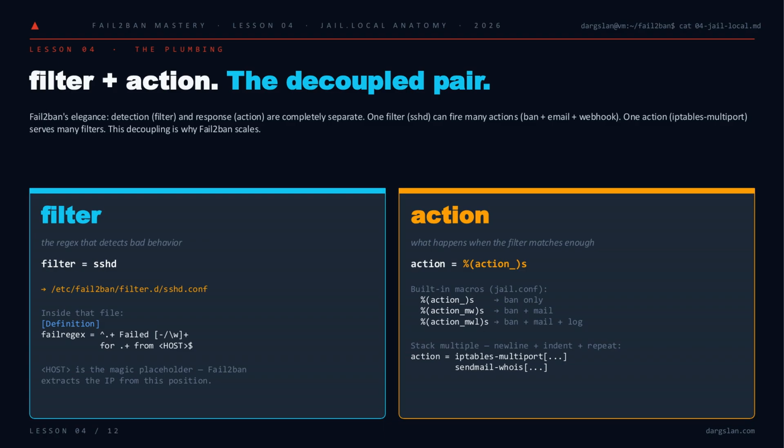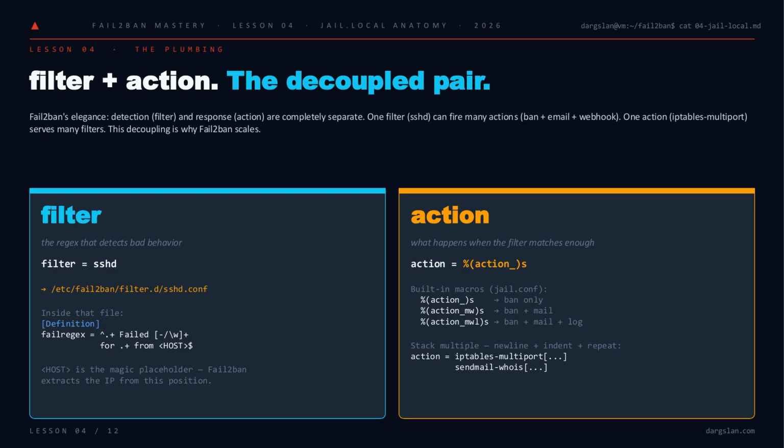The action is what happens after enough matches pile up. Built-in macros give you shortcuts. action_ is ban only, action_mw adds mail, action_mwl adds the log. And you can stack multiple actions, new line, indent, repeat, so one filter can ban, email, and hit a webhook all at once.